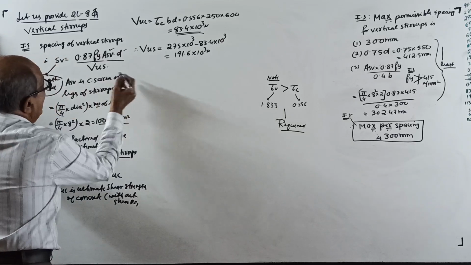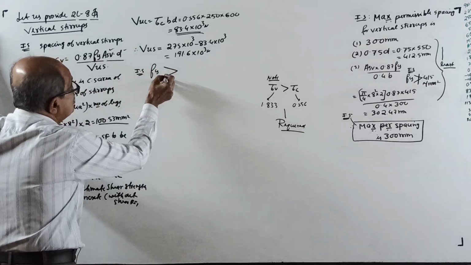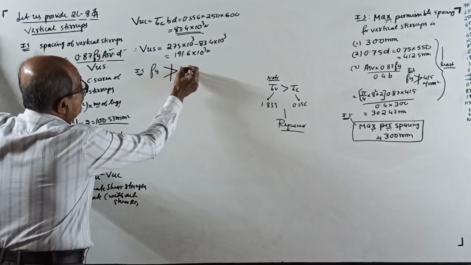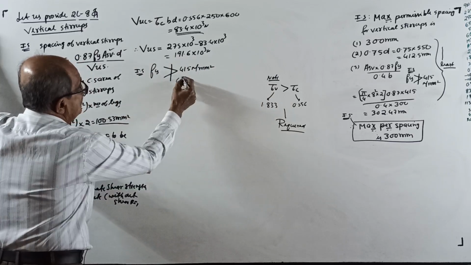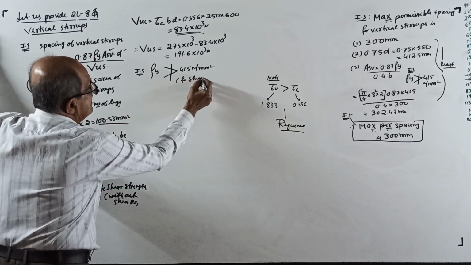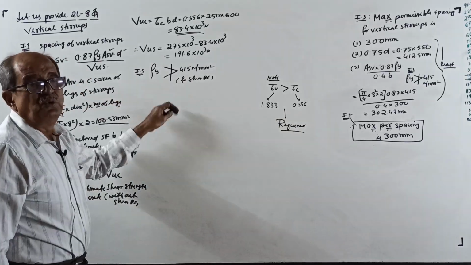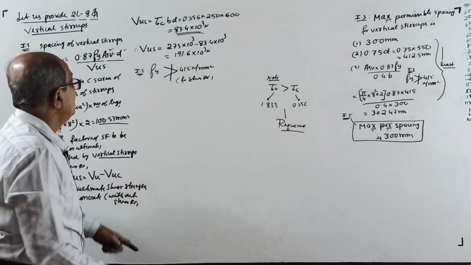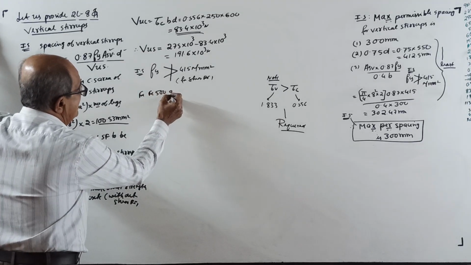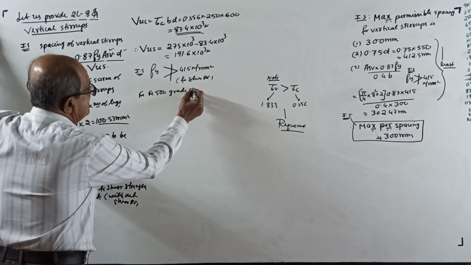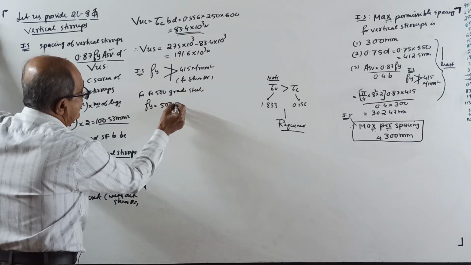Now, lastly, as per IS code, Fy is not to be taken more than 415 Newton per millimeter square when you design shear reinforcement. Any steel you use, you cannot substitute more than 415. For Fe 500 grade steel, actually Fy is 500 Newton per mm square.